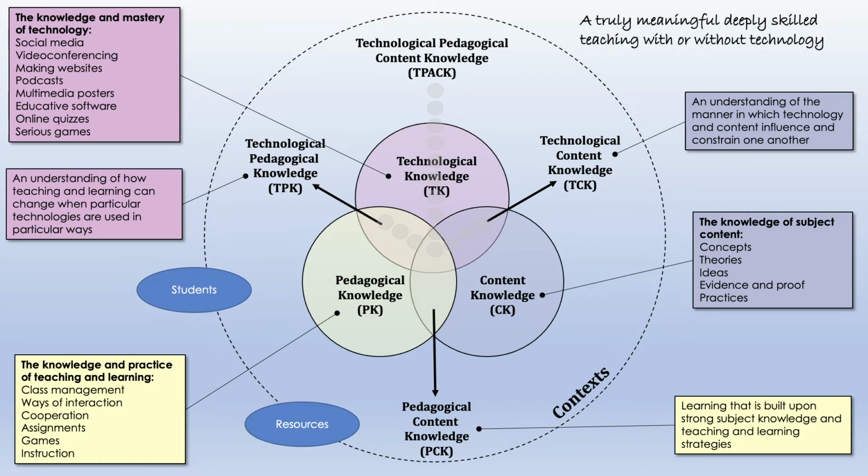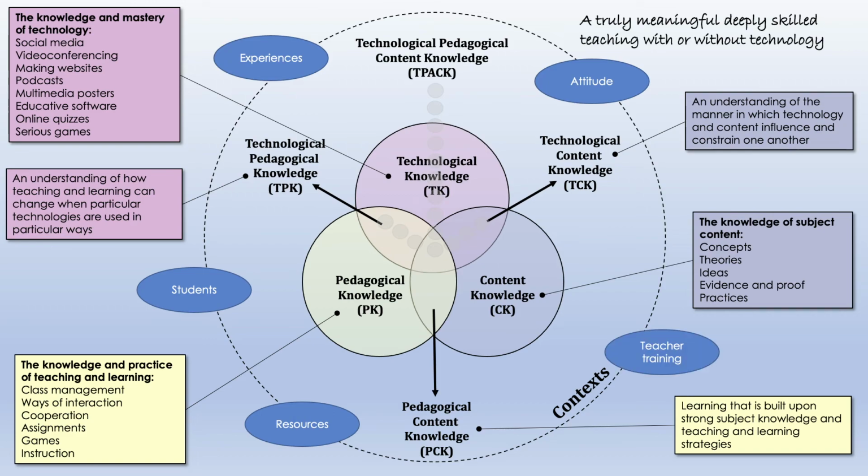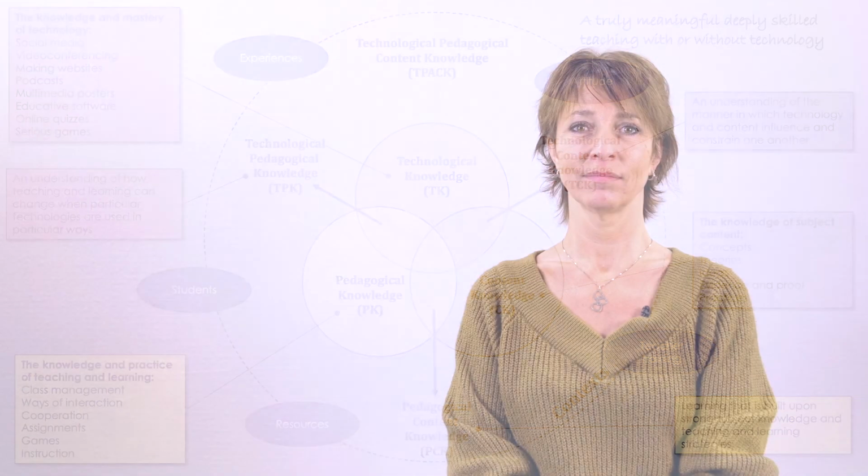Do they already have experience with some kind of technology in their lessons? Do they have the right equipment at home? What is the prior knowledge in this area from the students? And what is their attitude towards technology in their educational program? And of course, how much training did you receive? How well do you master the use of technology in developing your lessons?